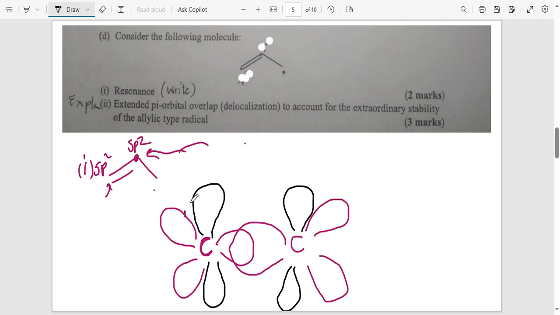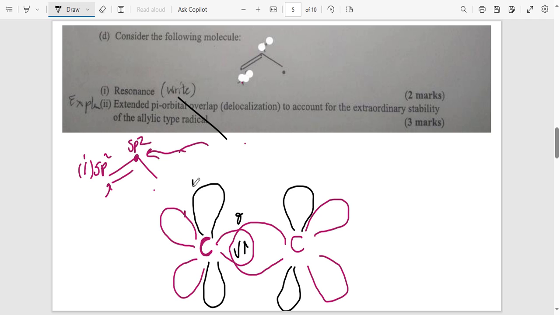So what actually happens is that we are going to have one electron in this sp2 orbital from one compound, and the other electron is coming from the other compound. They are facing in opposite directions. That forms a bond, and we call this a sigma bond. The sigma bond is formed by head-on collision. You can see these are hitting each other.